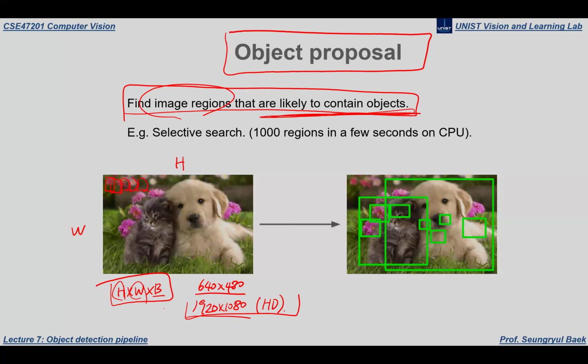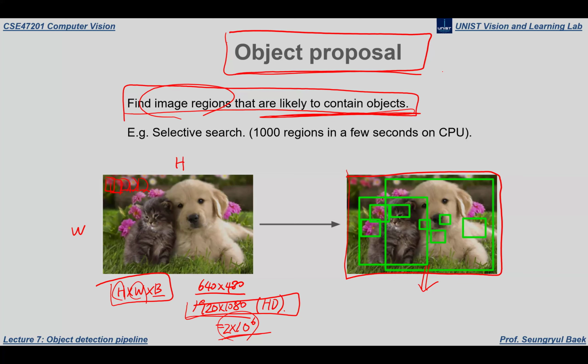Anyway, this is maybe 2 million. The number of bounding boxes is very large, but this is an example result of the object proposal algorithm.